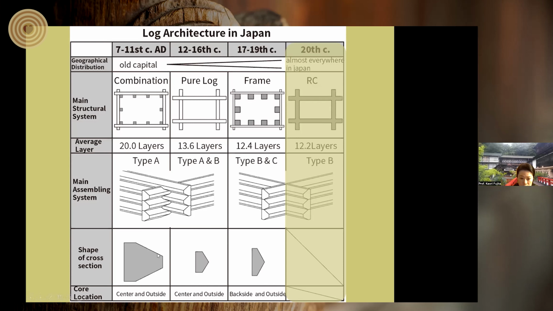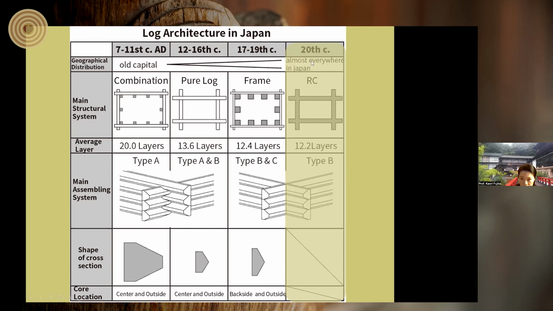Also, the size of the cross-section was larger in older buildings, but gradually became smaller, and especially when the load is supported by the frame, the log shape became very slender and not load-bearing, but only used as an exterior facade.